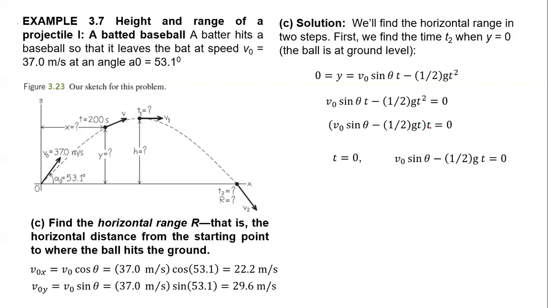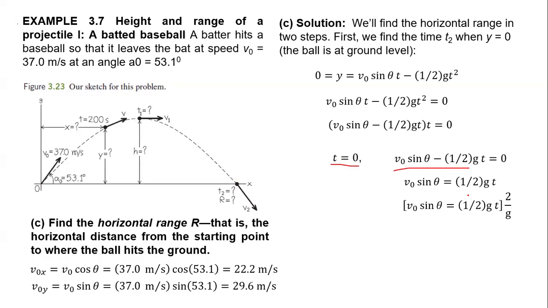So we can separate this one. So t is equal to 0, and the other one is v sub o sine theta minus 1/2 g t is equal to 0. So the time here when t is equal to 0 is the origin. And the other time will tell you the time when the ball is at the ground level.